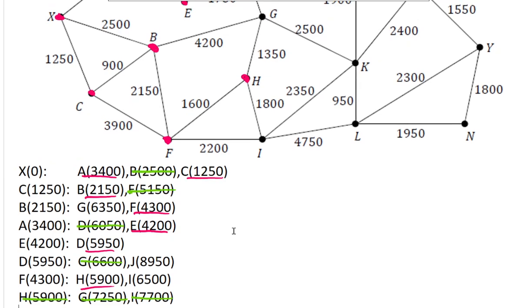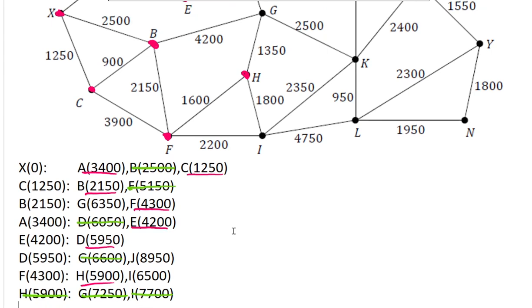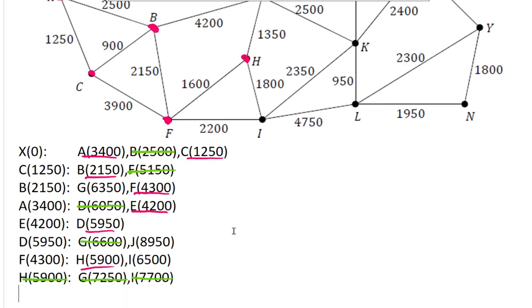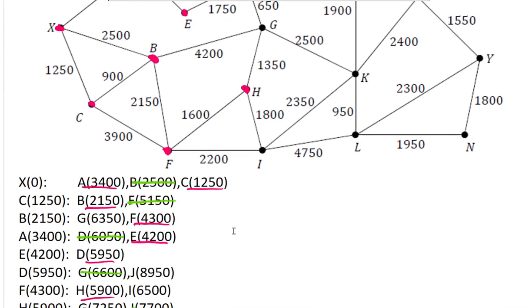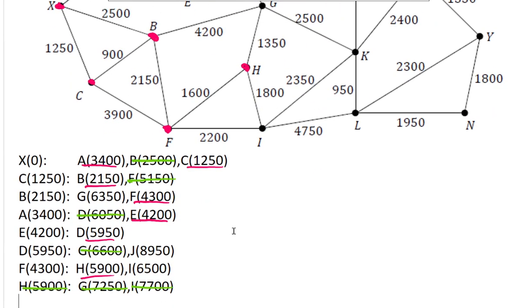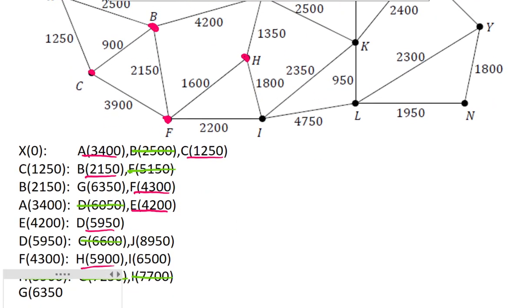Okay, so now what's that? We have D, J, and I left. So D is visited. Sorry, we have J and I left. Do we not have? Wait a minute. I have G as well. For 6350. So G for 6350.